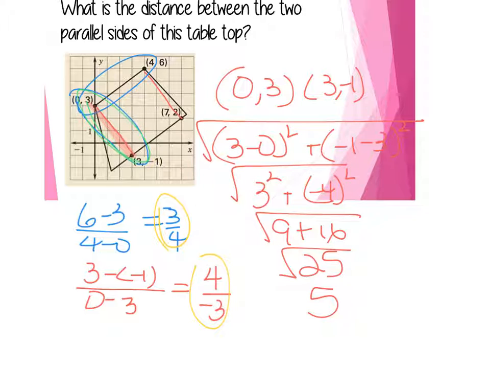The distance between the two tabletop parallel sides is 5 units. Now, if it wasn't a perfect square, you would have to simplify the radical. We're not using a calculator, so you need to leave it in simplest radical form.